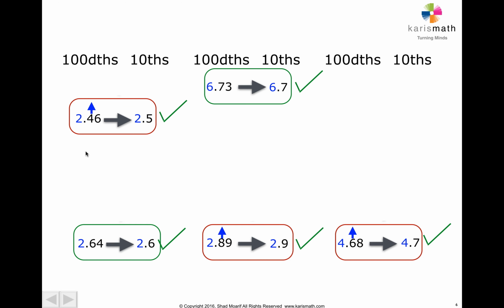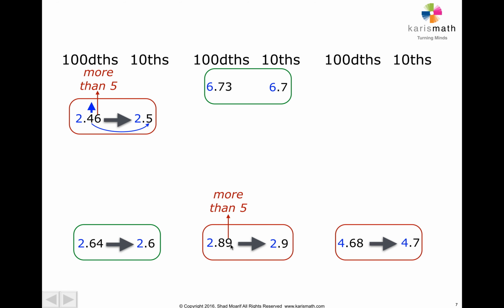It was what we just explained, that 2.46, this 6 is more than 5, and so this 4 will increase by 1 to become 2.5. Similarly, over here, this 9 is more than 5, so 8 will increase by 1 to make it 2.9. 8 is more than 5, so 6 will increase by 1 and become 4.7.